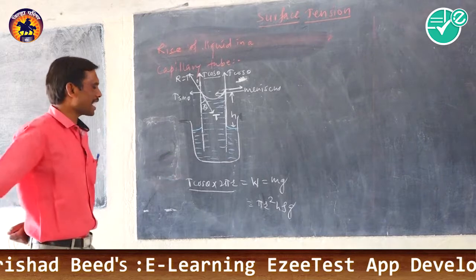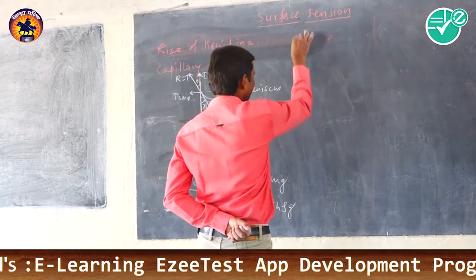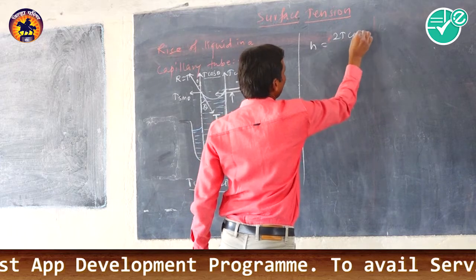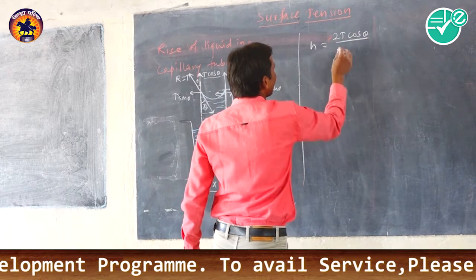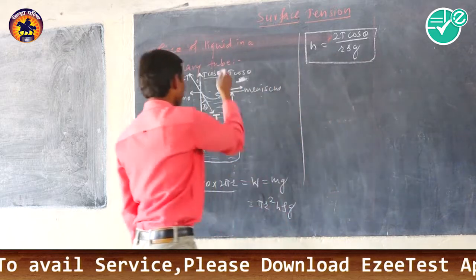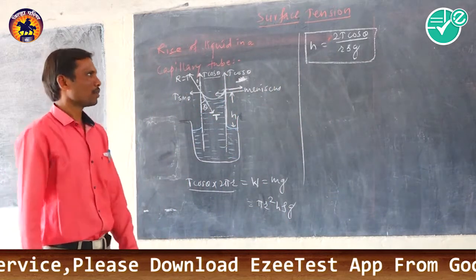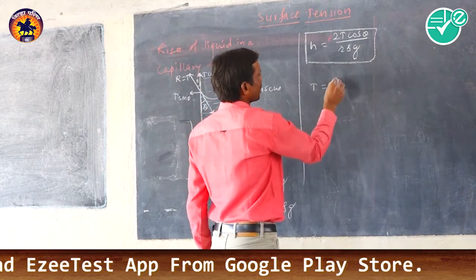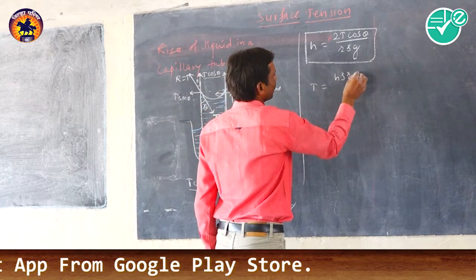So by solving this expression, we get the rise of liquid inside the glass capillary tube, that is h equals 2T cos theta divided by r rho g. This is the expression for rise of liquid inside the glass capillary. According to this expression, we can also determine surface tension of the liquid.